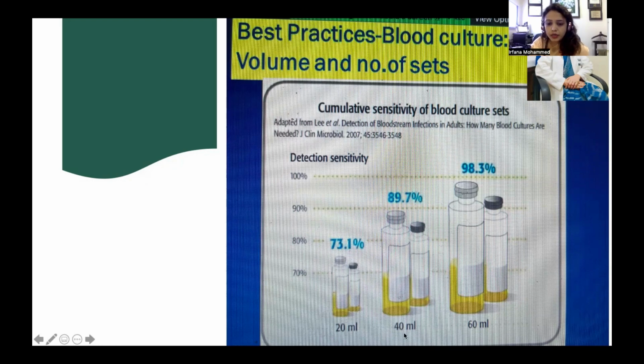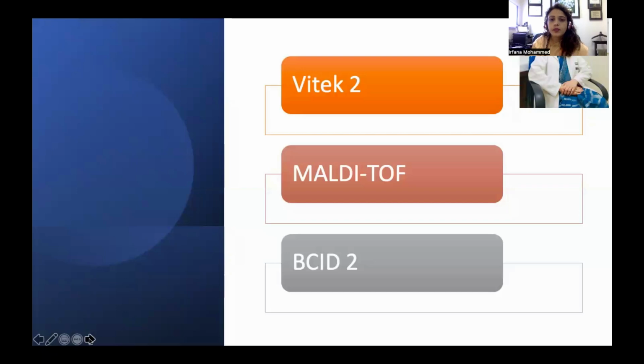The more blood we take, 40 ml of blood culture, gives around 89% sensitivity, and 60 ml, 3 sets of blood culture, gives around 98% sensitivity. That's why the more blood cultures you take, the more the sensitivity. This is very important in endocarditis patients as well.